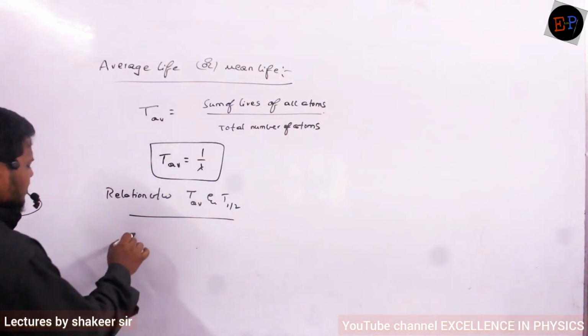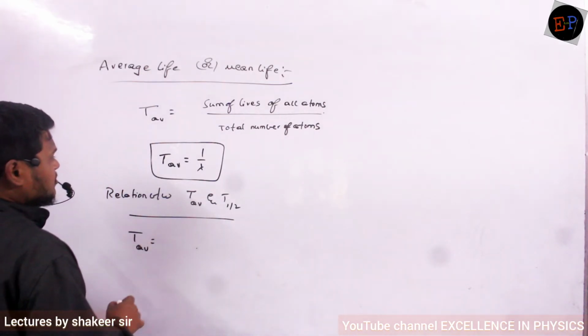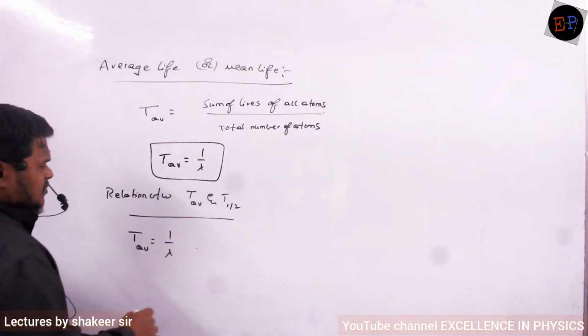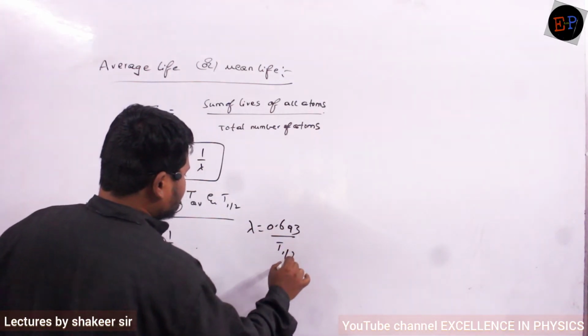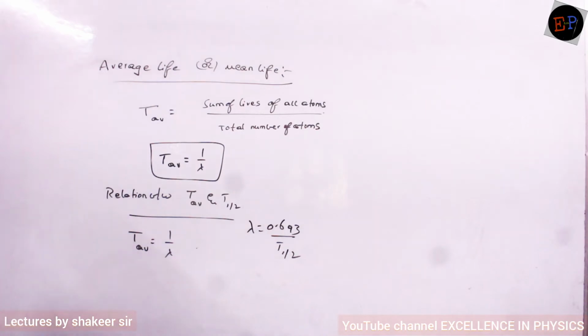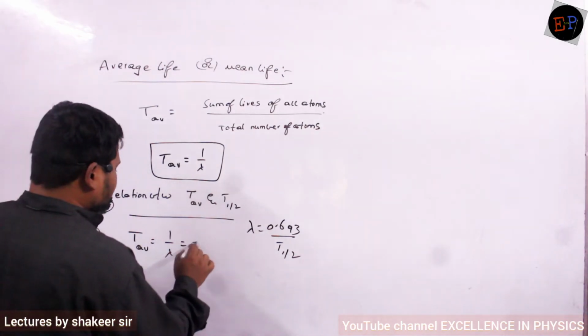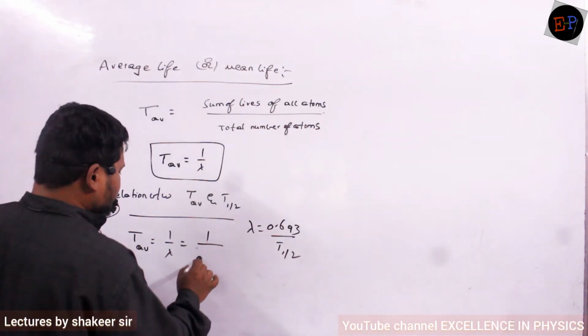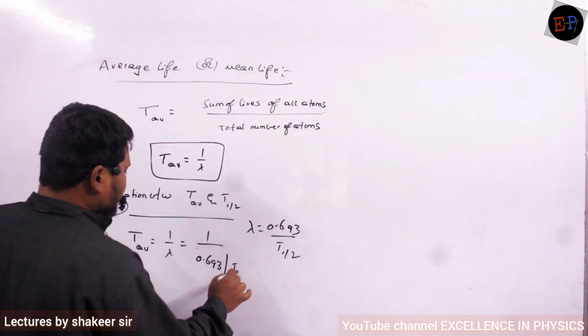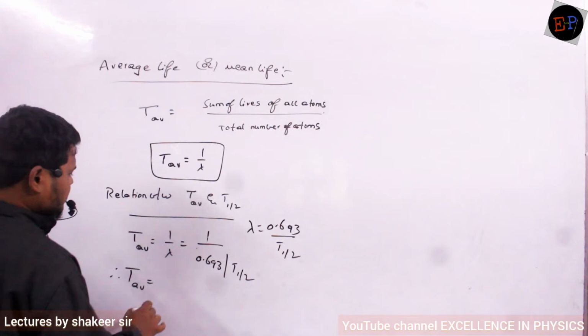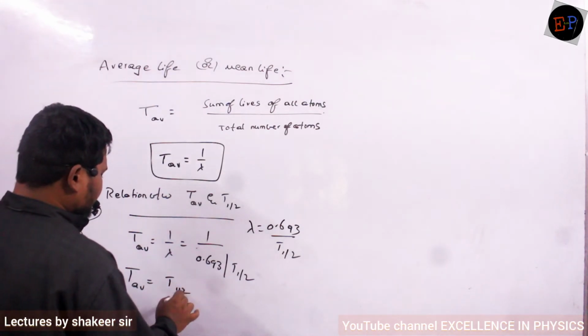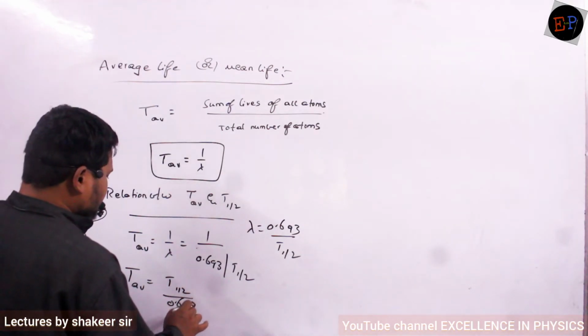T average is equal to 1 by lambda. Lambda can be written as 0.693 divided by T half life. Already we have written this equation. So substitute here. Therefore 1 by lambda is 0.693 divided by T half. So T average is equal to T half life divided by 0.693.